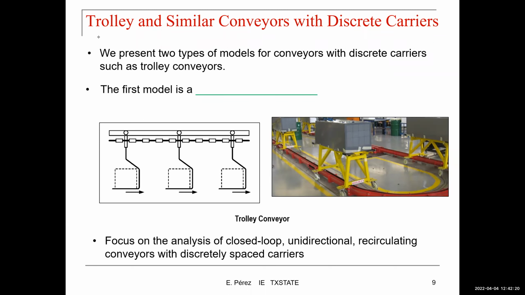So how big are these trolleys for your particular scenario? We present two types of models for conveyors with discrete carriers, such as the trolley conveyors. First, we're going to focus on the deterministic model. That's what we're going to do today. And then we're going to focus on the analysis of closed loop unidirectional recirculating conveyors, in which we have discrete carriers, meaning that you have a specific capacity for the carriers.